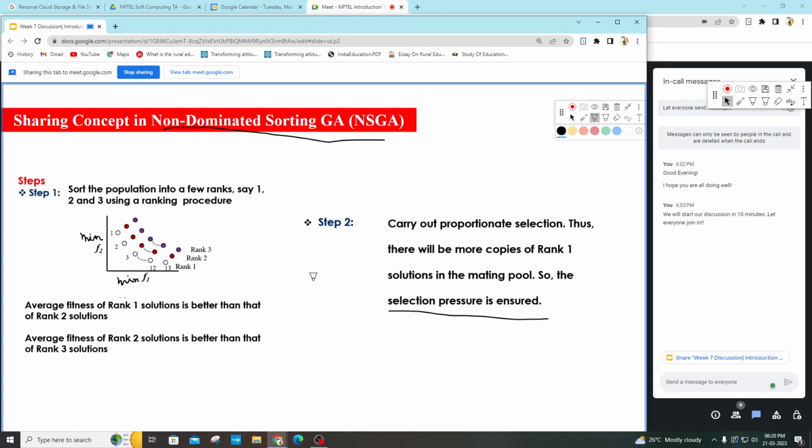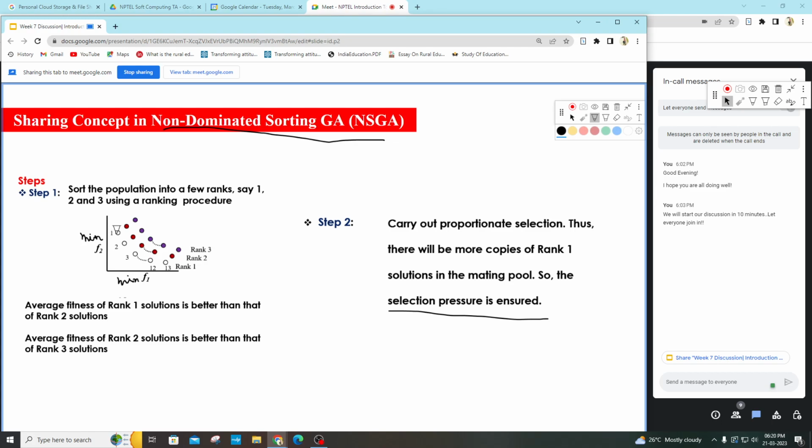Again, let me repeat the steps. In this non-dominated sorting genetic algorithm, first we make the fronts of all the solutions. We distinguish the points into different fronts. What is a front? A front is a locus of points where no two points are dominating each other.